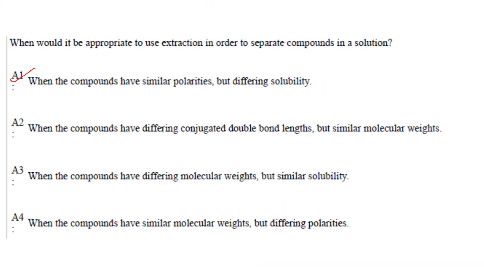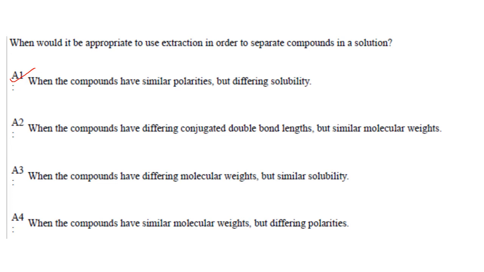Then next one. When would it be appropriate to use extraction in order to separate compounds in a solution? Extraction is useful for separation when there is a mixture of compounds in a solution that have similar polarities but different solubilities.